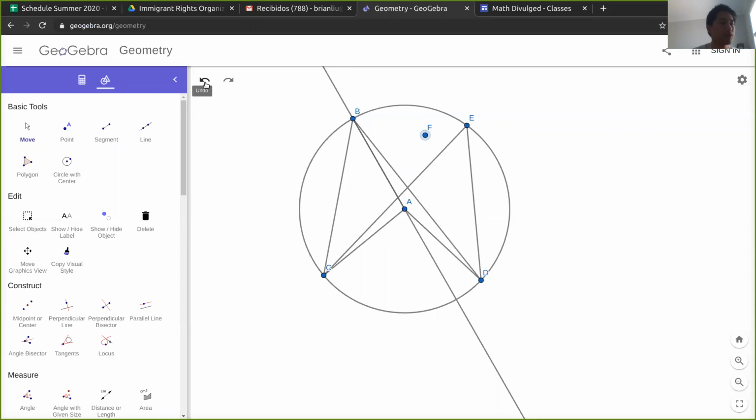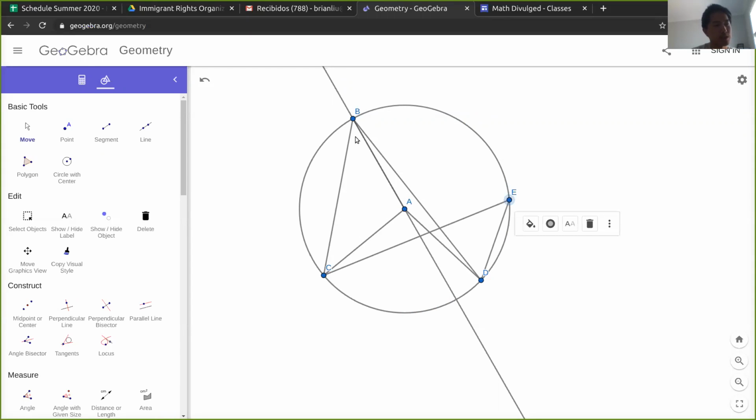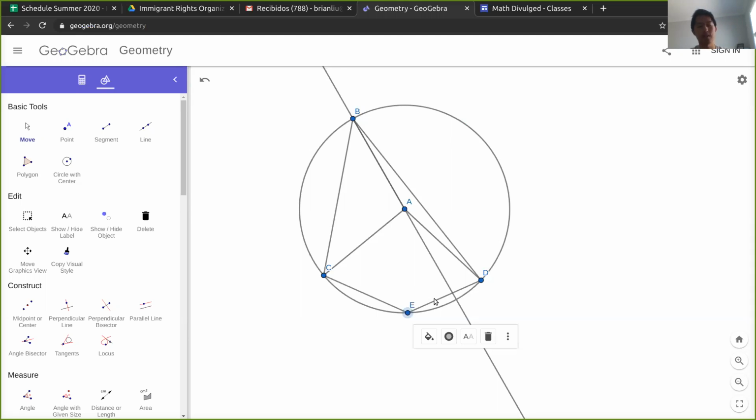And so we won't go over this next thing in detail, but basically if E was on the other side, then it wouldn't be that CED equals angle CBD, right? Like if E was right here, do people know? CBD and CED, how do they relate? Supplementary. So I won't go through the proof here, but it's pretty similar.